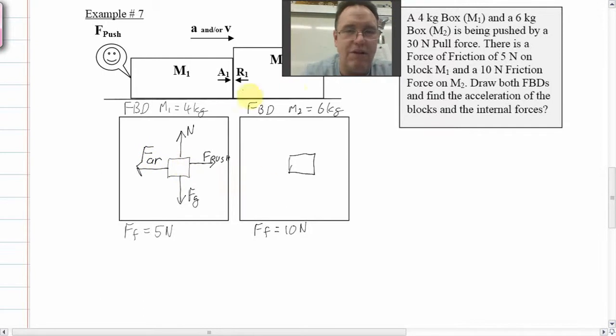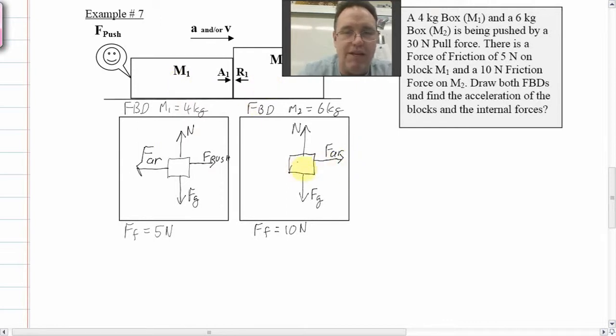And now there's going to be an action force of FAR on here. That's like the ropes we just finished doing, internal like the ropes, but they're going to be pushing instead of pulling like ropes do. And they will cancel out when we look at the system. This one has a normal force and a force of gravity. There's no push force acting on it because the push force is touching M1, not M2.